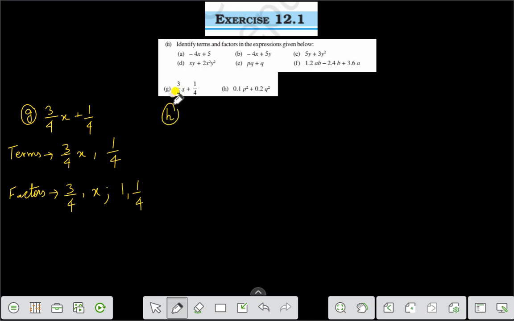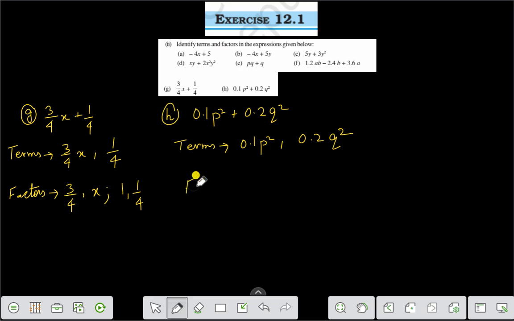Now question number H is 0.1 p square plus 0.2 q square. The various terms are 0.1 p square and 0.2 q square.